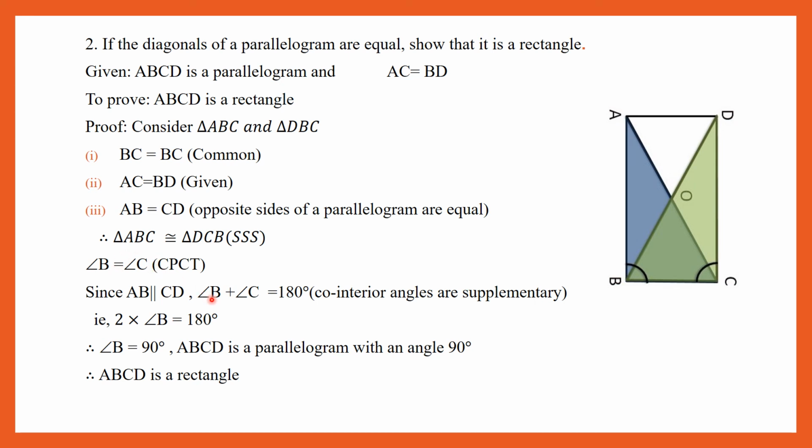Therefore, we can write it as 2 times angle B equal to 180 degrees and therefore angle B is equal to 90 degrees. If one angle of a parallelogram is 90 degrees, we can say ABCD is a parallelogram with an angle 90 degrees. Therefore, ABCD is a rectangle.